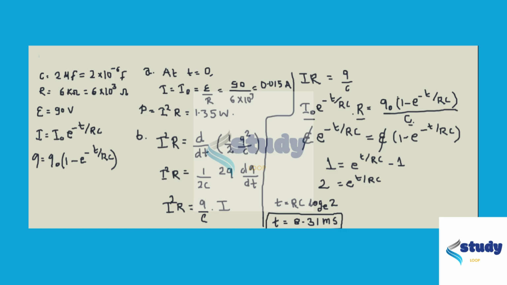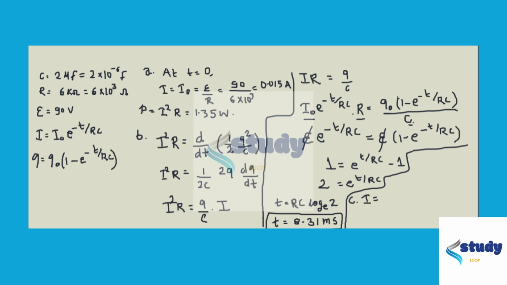Now let's move on to part C. Okay, so for part C, the question is asking us to calculate the energy dissipated in the resistor at that particular time, which we calculated in part B, right? So in part C, first let us find the current.